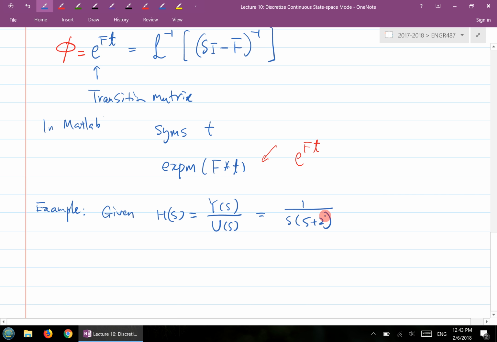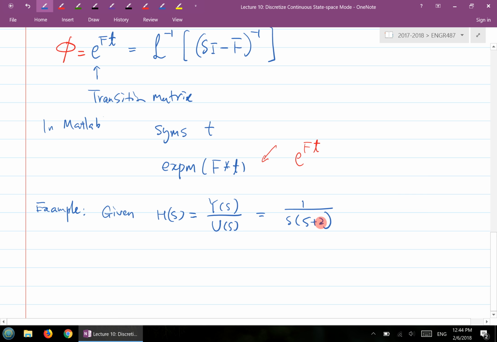Here's a Laplace transfer function for a certain system, typically a DC motor system. You have an inertia as a second order system, describing the input voltage and output position. Now we're going to design a digital controller to control this system.